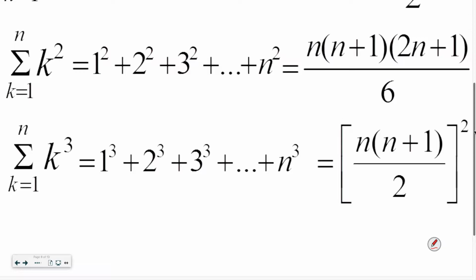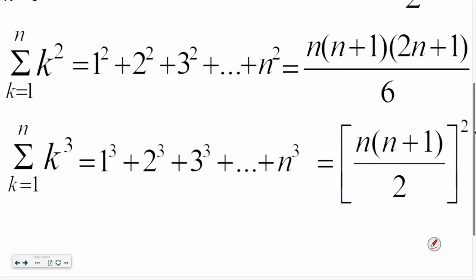The summation of k is just that. The summation of k cubed is what I said, squared. And then the summation of k squared is n times n plus 1 times 2n plus 1 all over 6. That's a little bit more, but if you can remember these, then it saves us a lot of time.